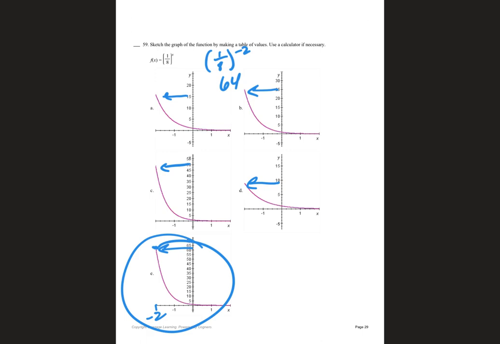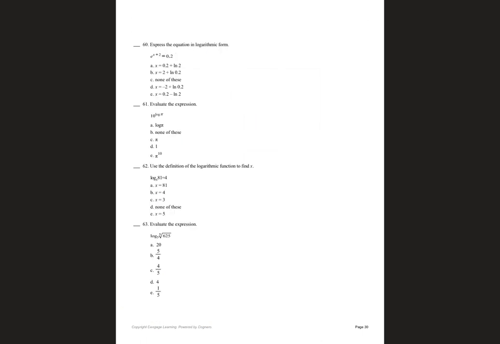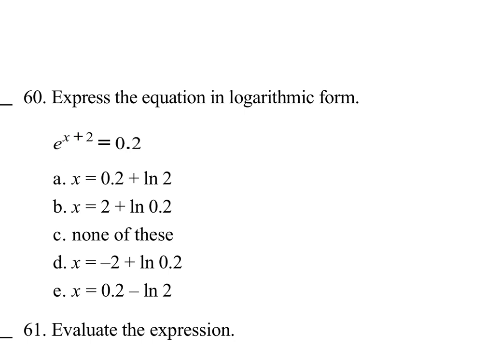Yeah. Can you do 60? All right, 60 says express in log form. So basically you're solving for x here. There's an e, right? So how do I get rid of an e? I ln both sides. So if I ln on both sides here, I get ln of e to the x plus 2 equals ln of 0.2.